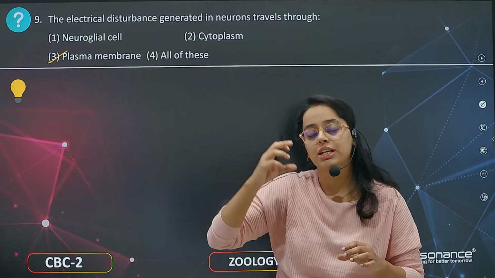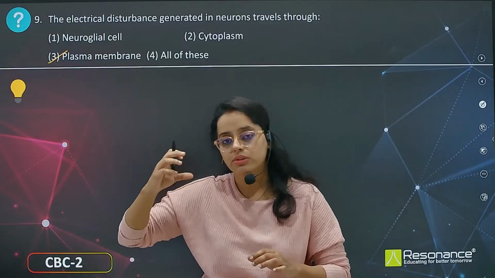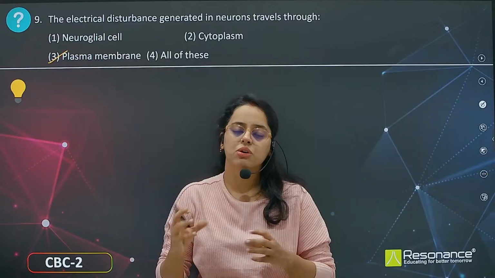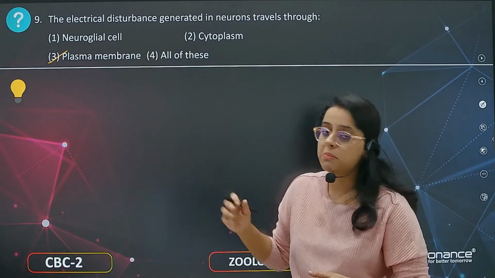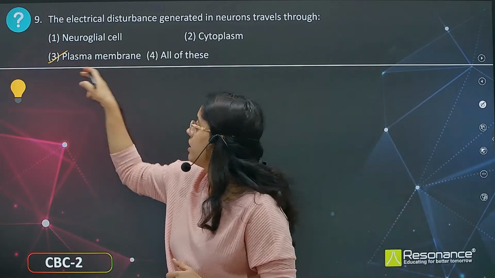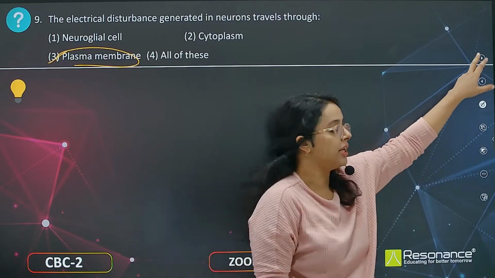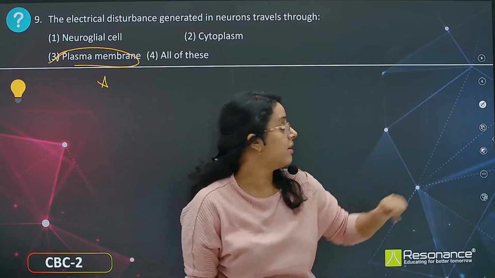Because the protein channels, sodium, potassium, or chloride channels, are present on the plasma membrane. So the electrical disturbance generated in neurons travels on the plasma membrane. About this we are going to learn in detail in our further classes.